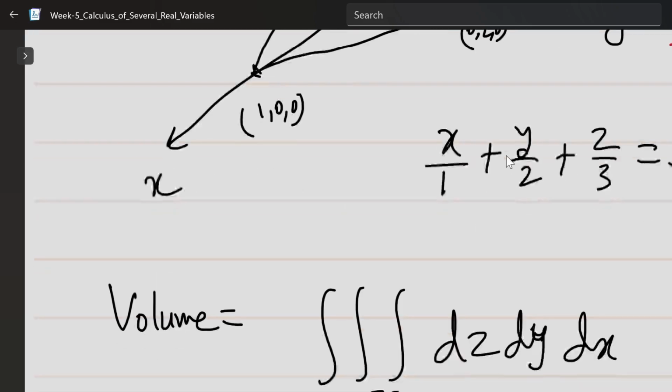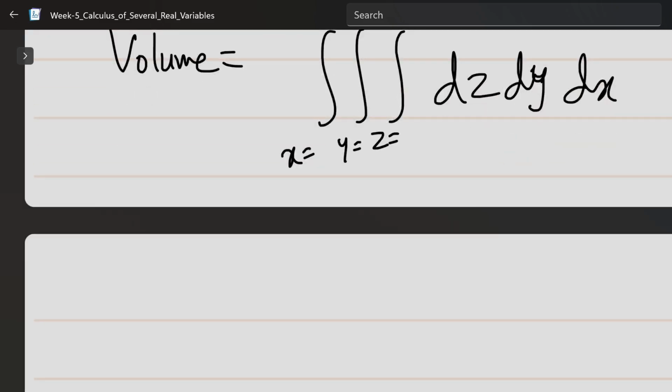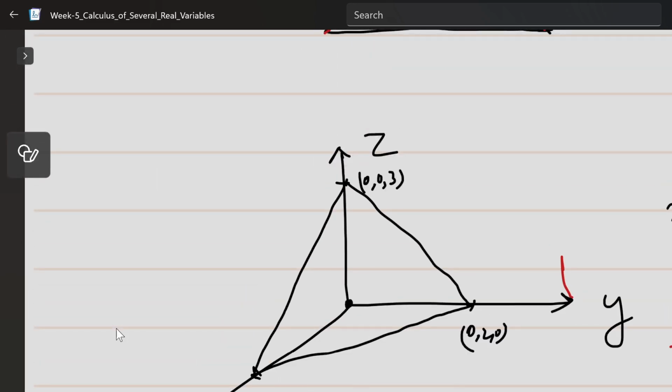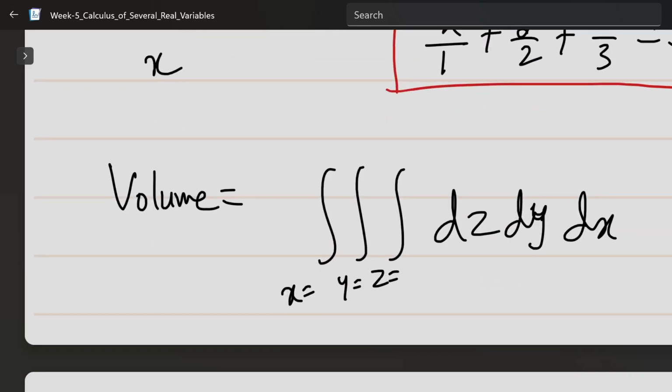So what to do? If I draw the tetrahedron, everything depends on this plane. This plane gives you the tetrahedron, nothing else. So every limit will come from this plane equation. As I told you, you have to fix x and y to find z.